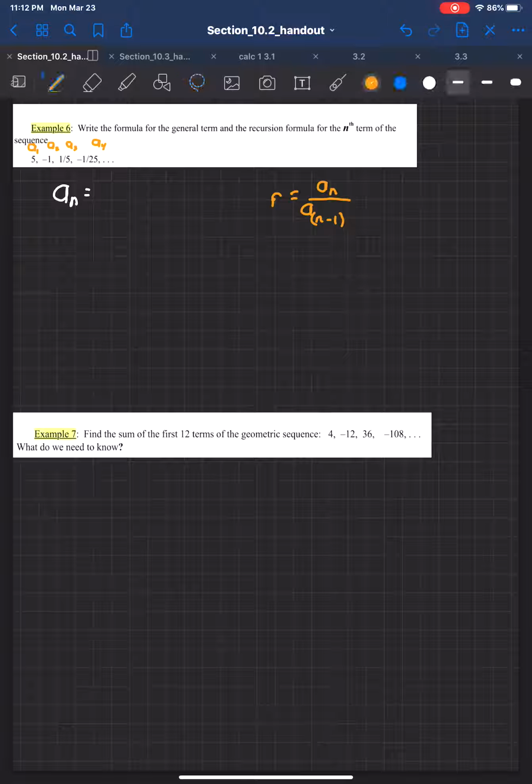Okay, so let's just take the second term, which would be negative 1, and divide it by the previous term, which would be positive 5. So negative 1/5. That's our r.